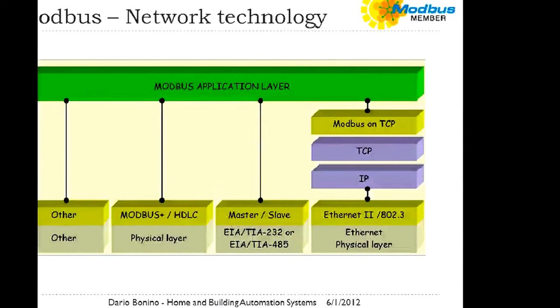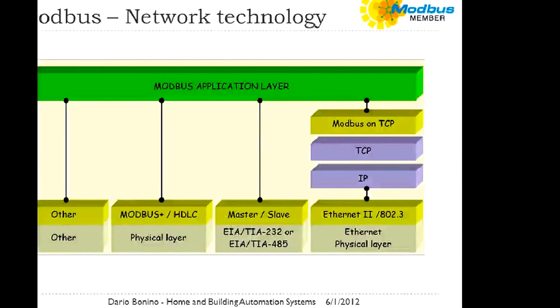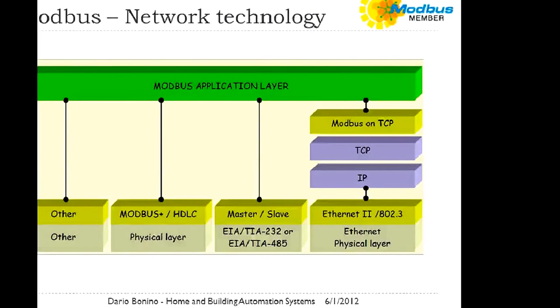Okay. This was for the protocol. Let's relax ourselves by looking at the network technology, which is much easier. There are many network technologies, but the main ones are based on either Ethernet, serial connection, or some Modbus specific connection.